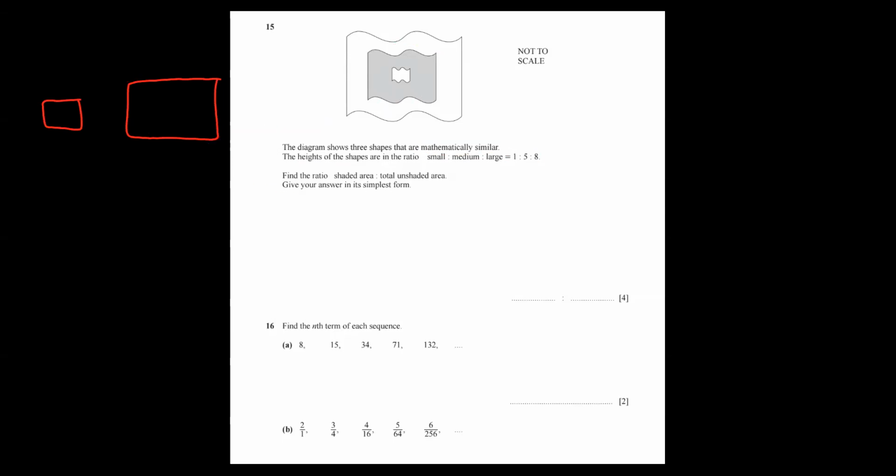The ratio of medium and smaller is 1:5, and I'm saying this is also 1:5. You can ask a question, why, sir? It is not mentioned in the question. Similarly, for the big one, I can take 8 and 8 also. So the question is genuine here. It is not mentioned, so how can we take the widths, or lengths as well, when you've given only heights?